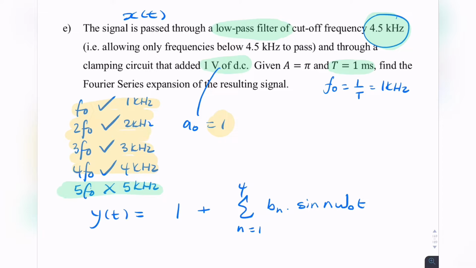We can replace omega naught here with omega naught equals 2 pi f naught. So that's simply 2000 pi. We simply replace that. So we can say 2000 n pi t.